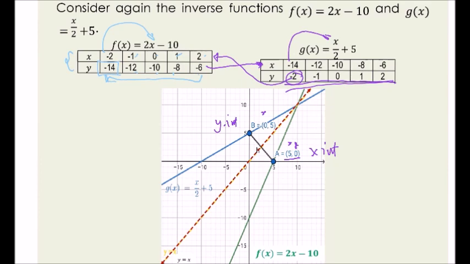When we say perpendicular, they form right angles. So that's how we can tell if the graphs of two functions are inverses of each other.